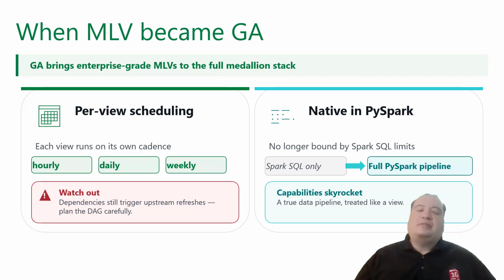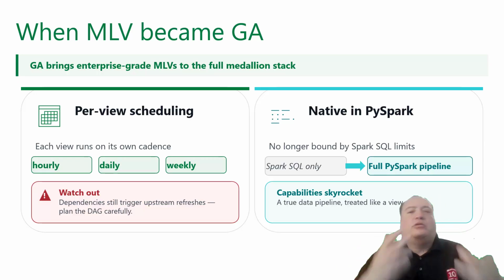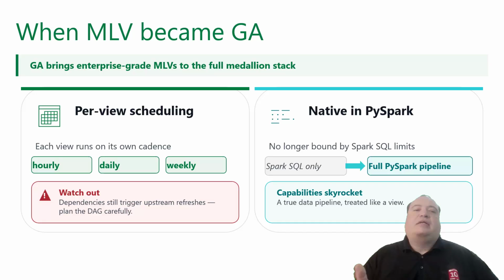And in this case, the Materialized Lake Views becomes something like an orchestrator for the PySpark execution. Instead of building all the transformations in a notebook, we can build a Materialized Lake View, which is way easier to build.